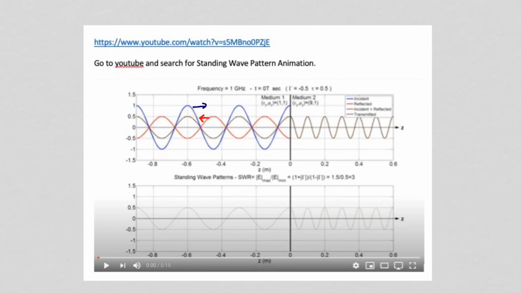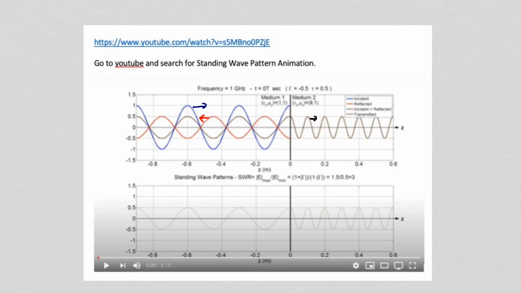The sum of the incident and reflected waves is this black wave, so the black wave represents the electric field intensity in material 1. And of course, this is the transmitted wave. The incident wave is creating the reflected and the transmitted waves.